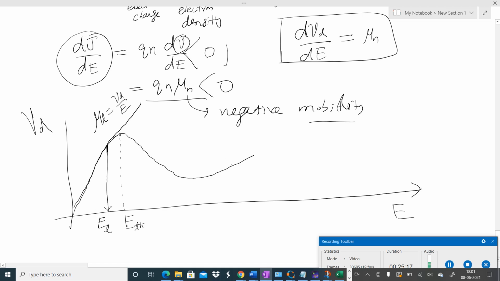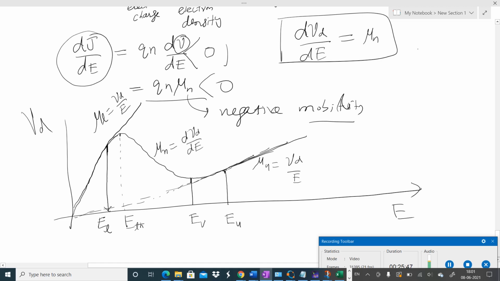Then you can see that it again becomes a positive resistance device. You can call this E_V. And when it starts again becoming linear, I call it E_U. So mu u is V_D by E. We are interested in this region where the mobility is the derivative of drift velocity.